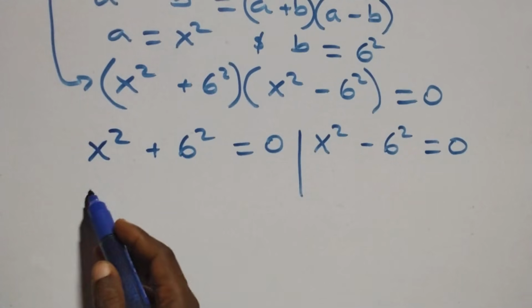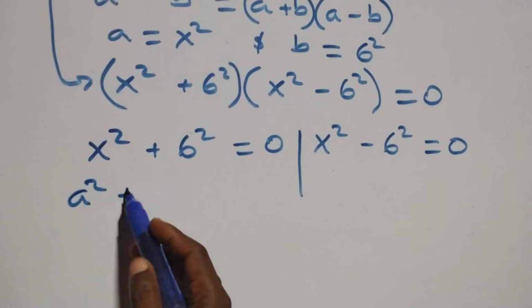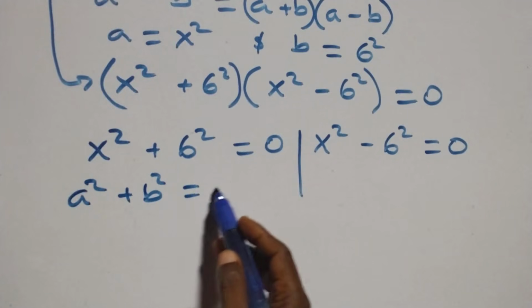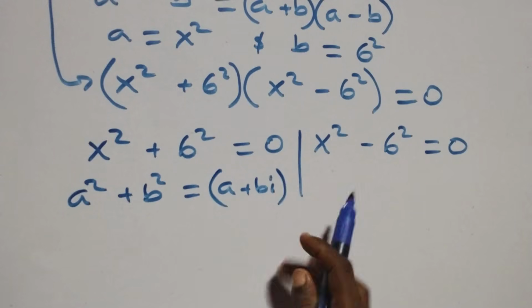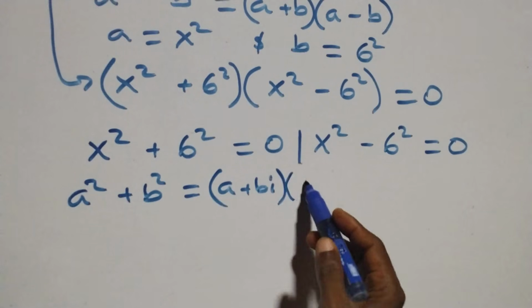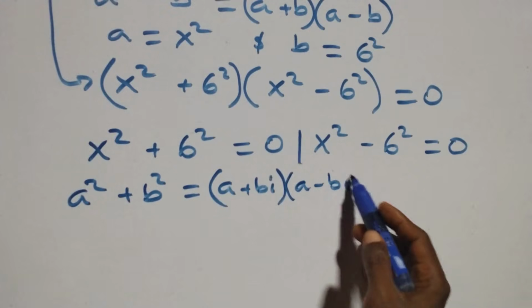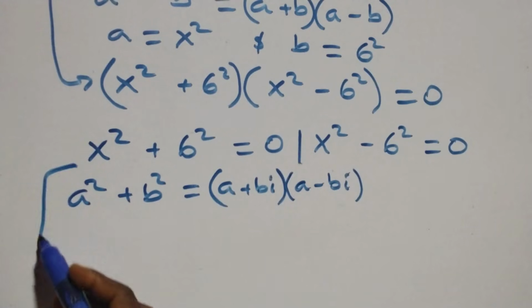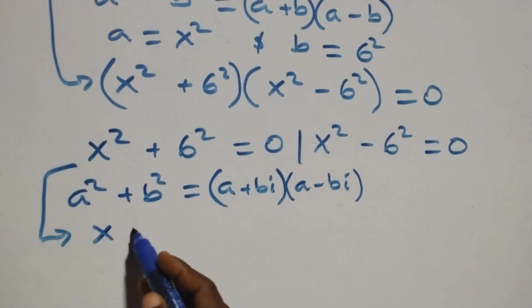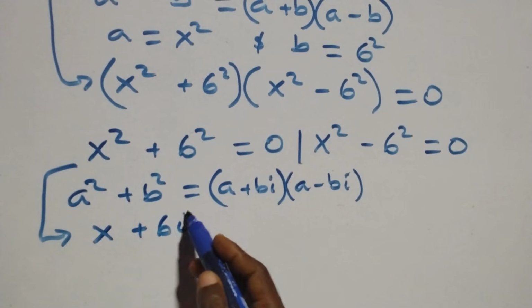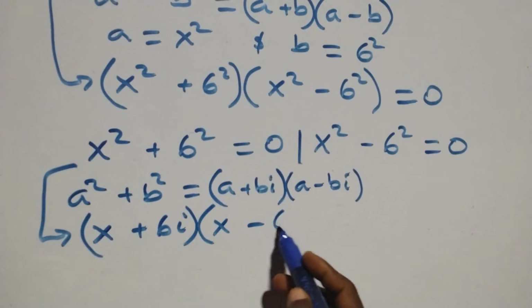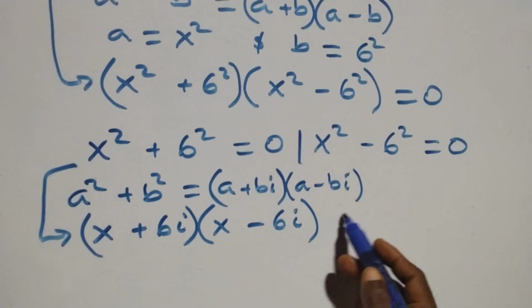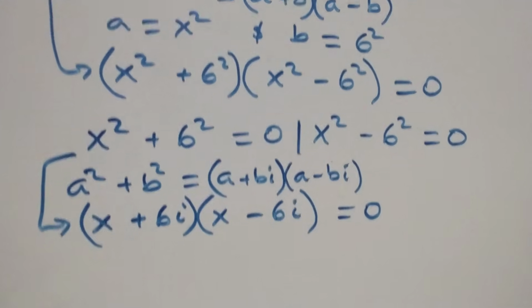Solving on this side, this follows when we have a squared plus b squared, which is a plus bi, open bracket, a minus bi. This becomes x plus 6i, open bracket, x minus 6i, close bracket, equals 0.